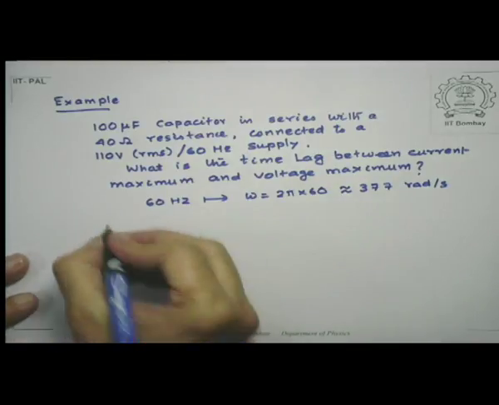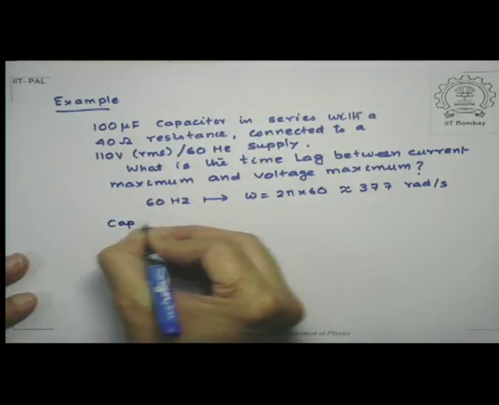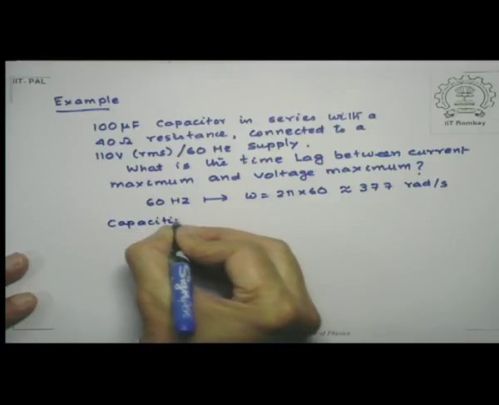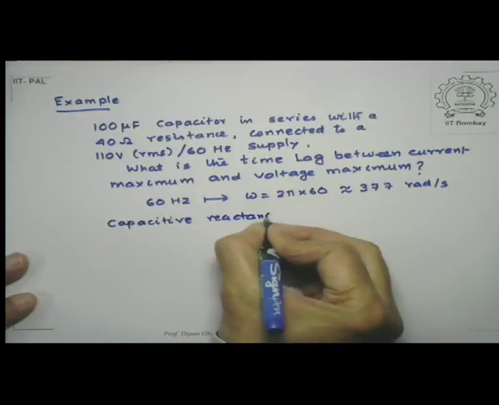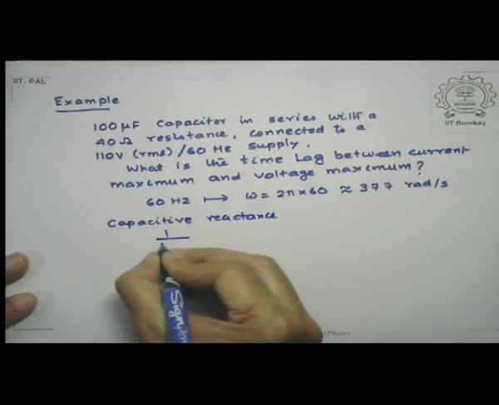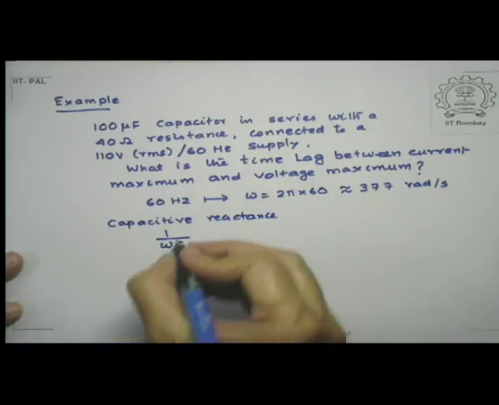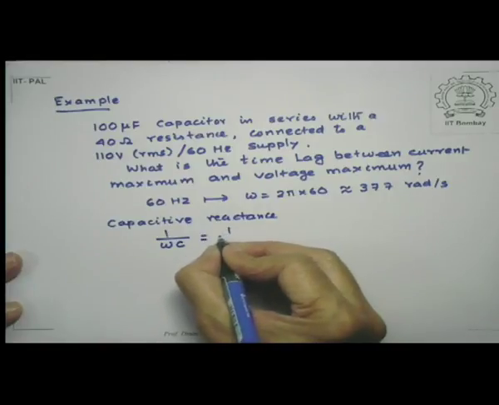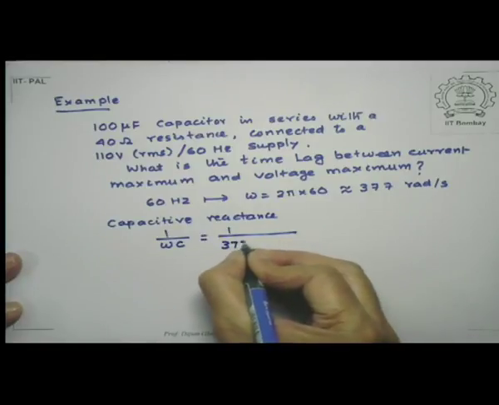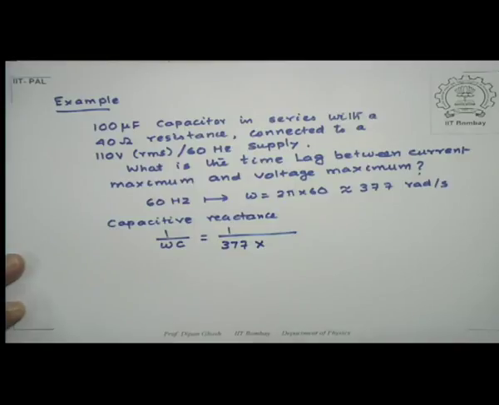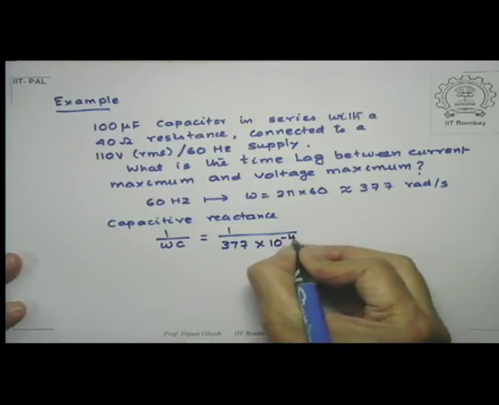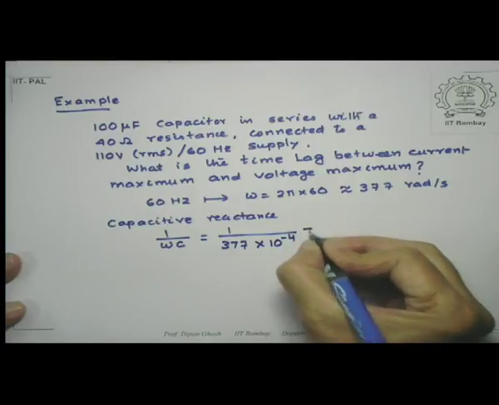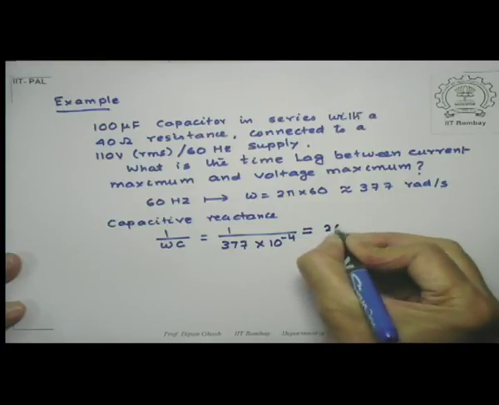So the capacitive reactance is one over omega C, and that's equal to 1 over 377 times C, and C we have given is 100 microfarad, so that is 10 to the minus 4 farad, and that if you calculate works out to about 26.5 ohms.